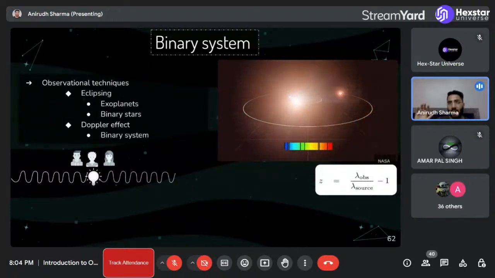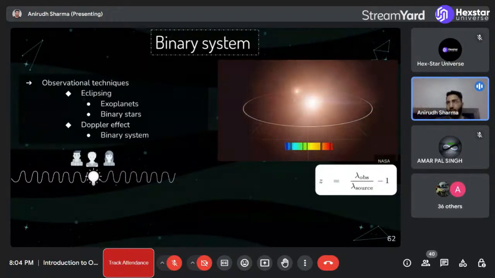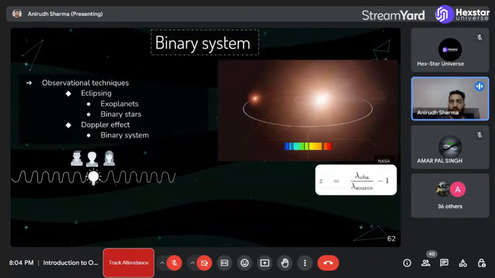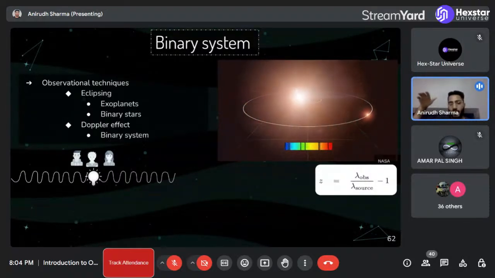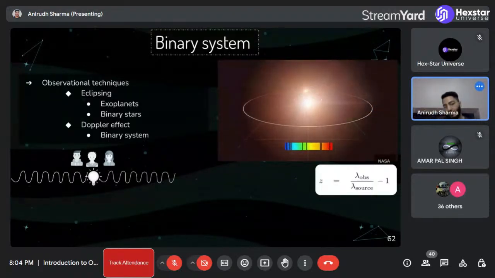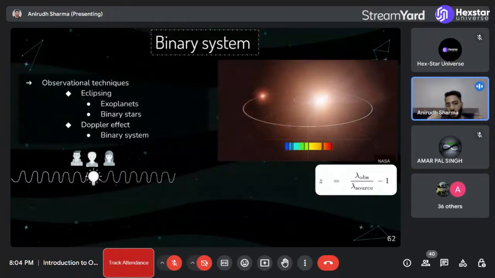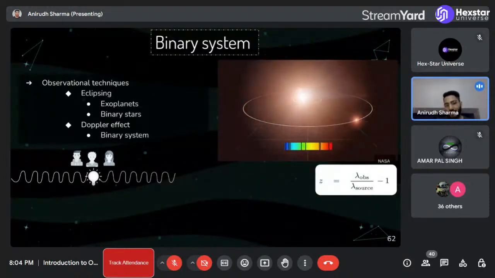Imagine a bike going from right to left. As it comes you will hear a higher and higher pitch, a higher and higher frequency, and once it leaves on your left, you will hear lower and lower frequency of the sound it was making. It's similar, but in the case of light.